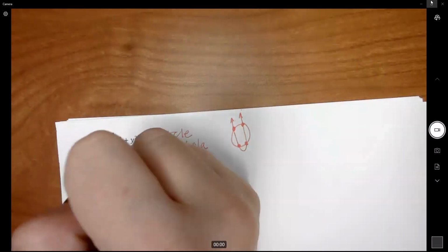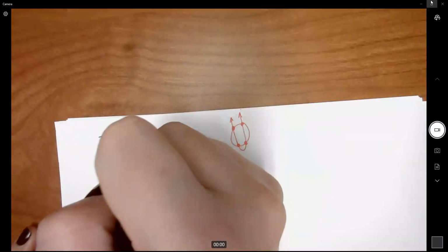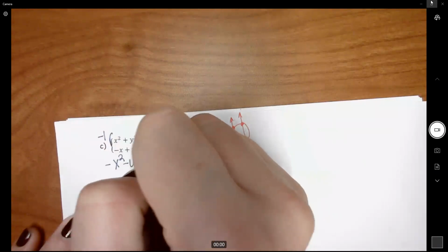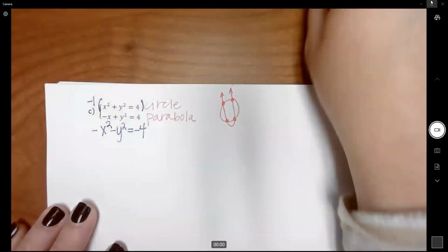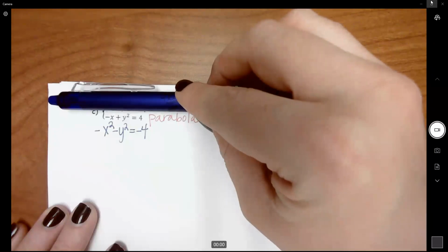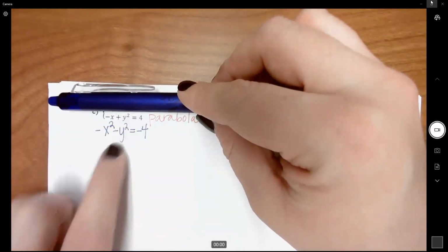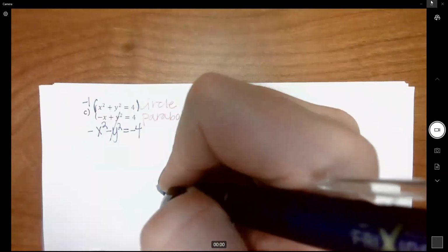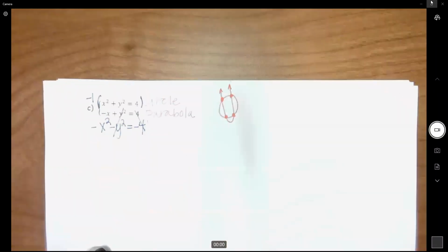And that gives me negative x squared minus y squared, and that's going to equal -4. I'm not looking at this top one anymore. You have a positive y squared and a negative y squared, so those are going to cancel. And you actually have a +4 and a -4 here, so those will also cancel.